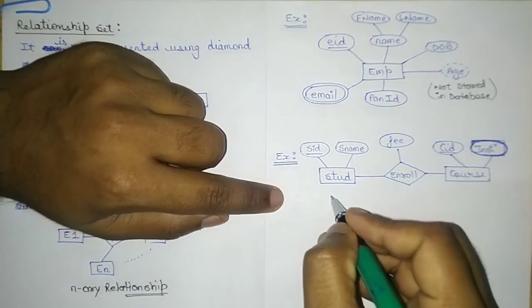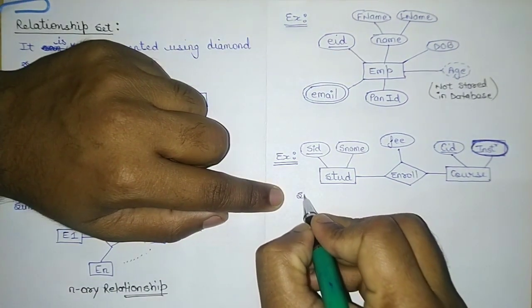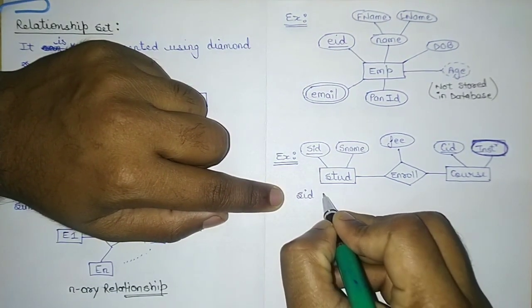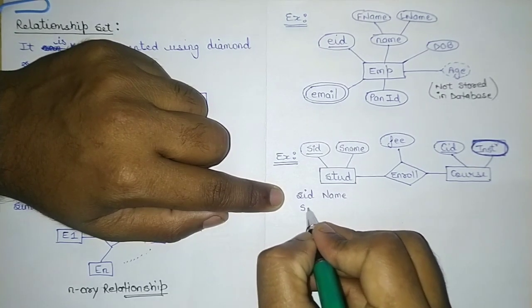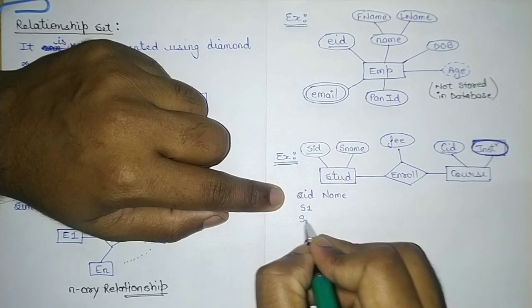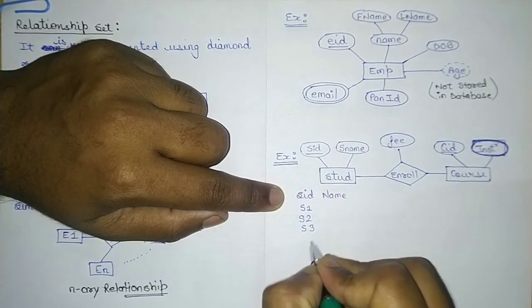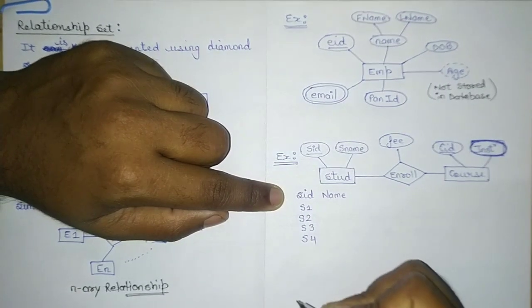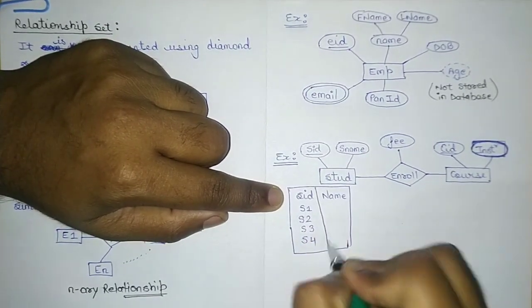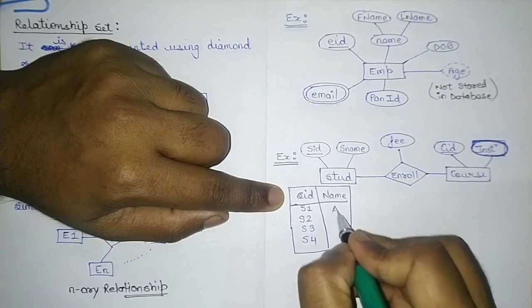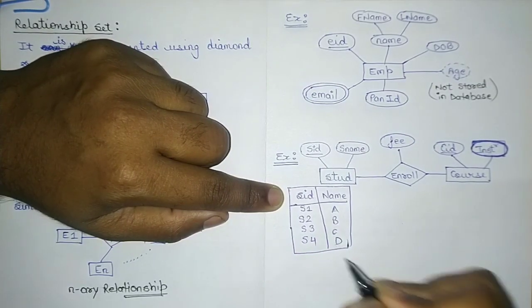So for student, let me have the table as student ID and name, right? So let the student IDs be S1, S2, S3 and S4. So this is a table for student, and let the names be A, B, C, D.